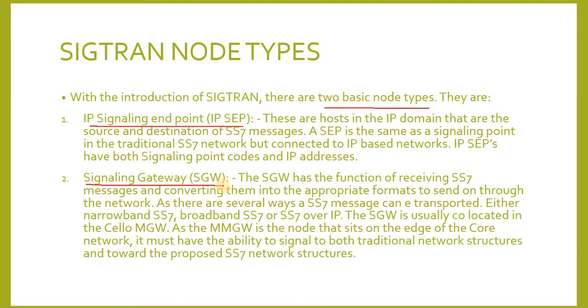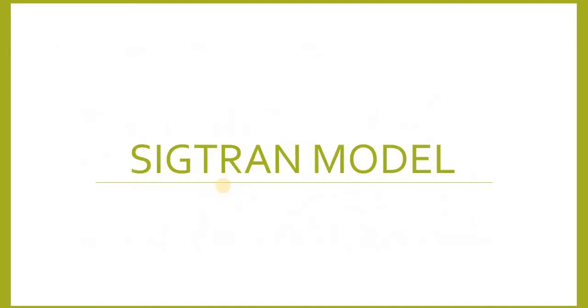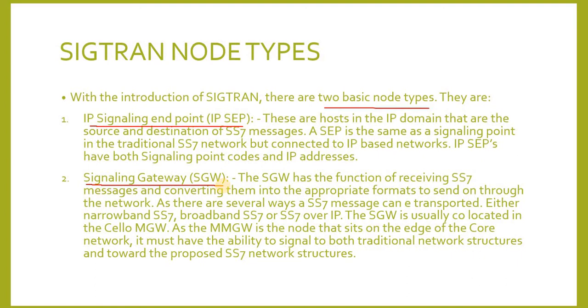3. With SIGTRAN there are still concepts that relate to traditional SS7 networks. The signaling transfer points, STPs, are replaced with IP routers to transmit SS7 messages across a network. But fundamentally the STP function is realized in nodes that utilize the M3UA protocol layer, SS7 routing function, to route towards the destination.